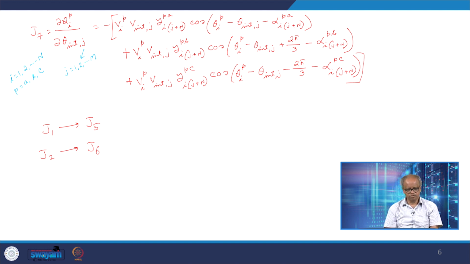It is very easy, almost the same. Similarly, the expressions of J6 would be almost the same as those of J2, with just a minor variation, so we are not doing this derivation either. These two derivations are left for you as homework. You should be able to do it.